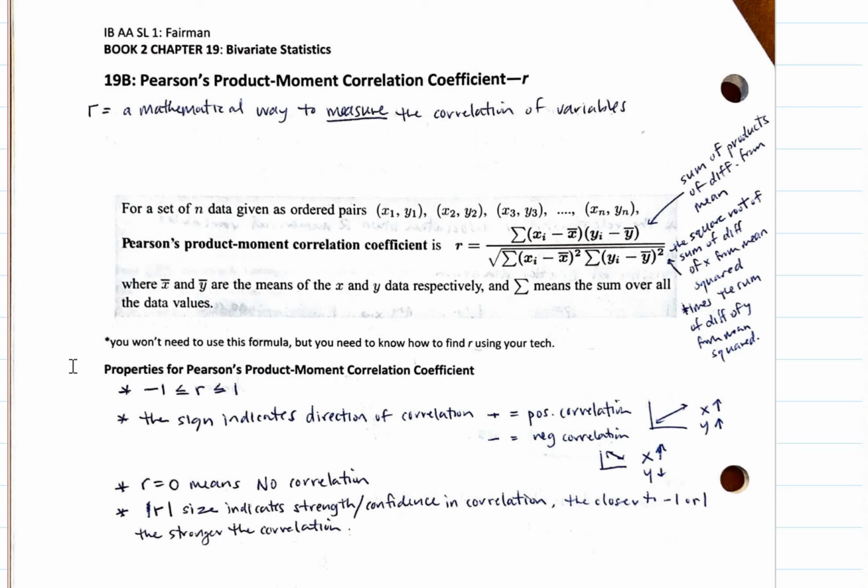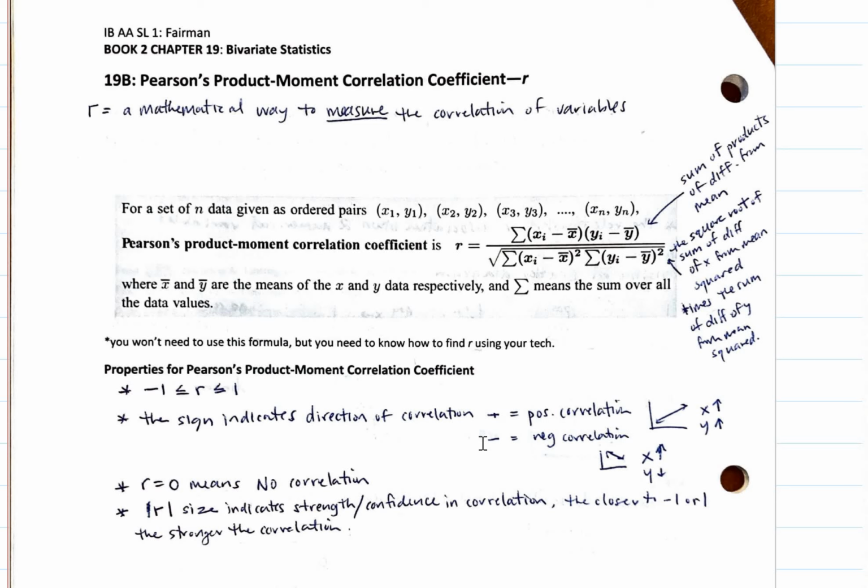But there are things that you need to know about what it means. So first of all, R will always be a number between -1 and 1. The sign of R indicates the direction of the correlation. So if it's a positive value, that's a positive correlation, where as X increases, Y increases.